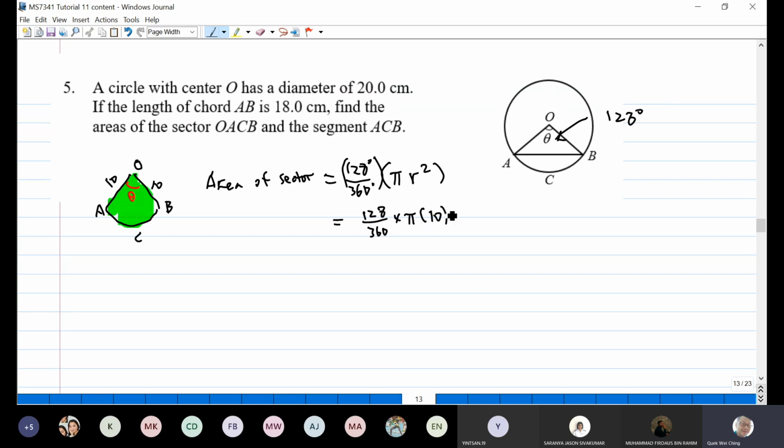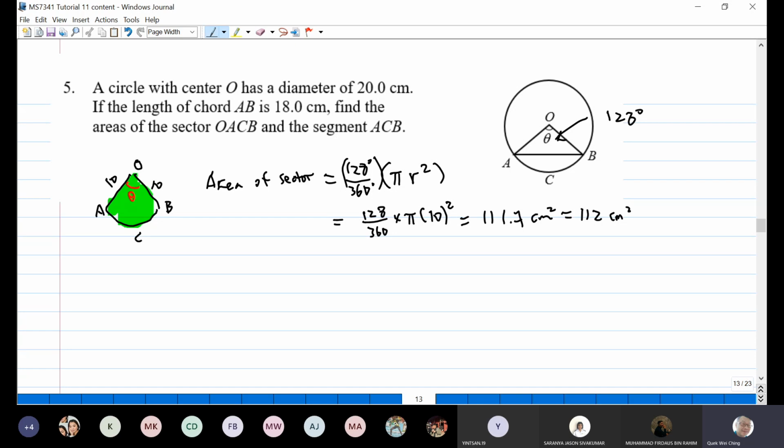R is 10. So we get 128 over 360 times pi times 100. Okay, you get 111.7. So this is about 112. This is the area of the sector.